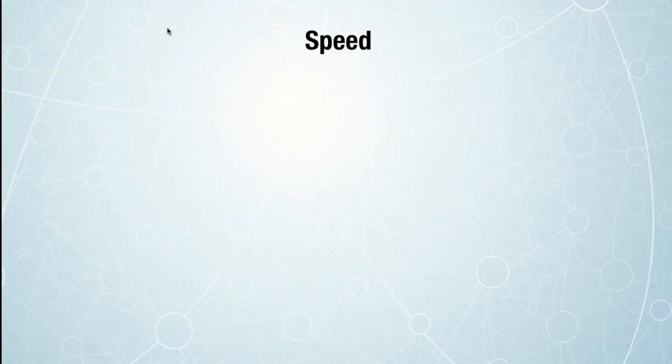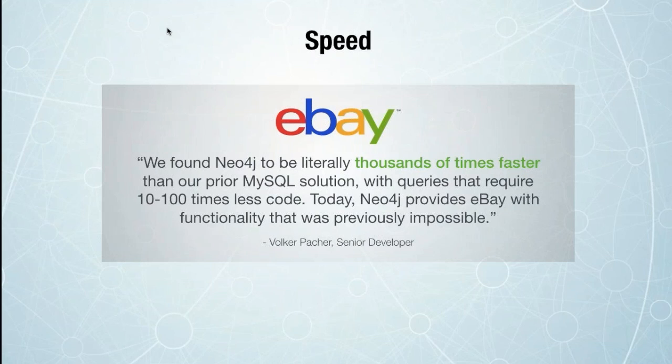Looking at speed, we already looked at how Monsanto had used Neo4j because they couldn't analyze their crop generations quickly enough. But an even more powerful example was a company called Shuttle in London, which used Neo4j for calculating optimal delivery strategies for goods.